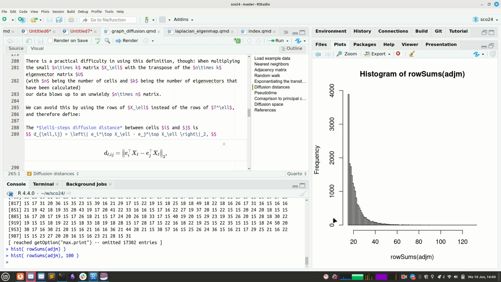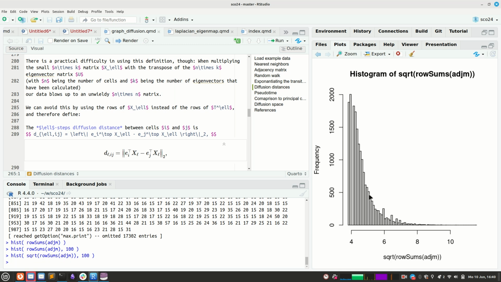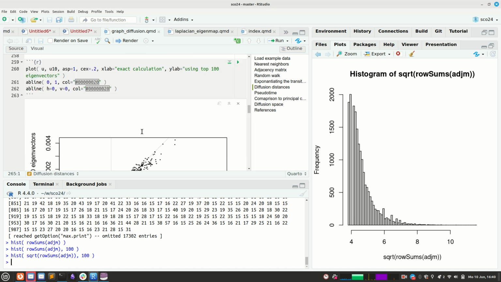Now in our formula, we divide by the square root of this. And if we do this, you see it multiplies usually by a number between 4 and 6, sometimes up to 8, but rarely.